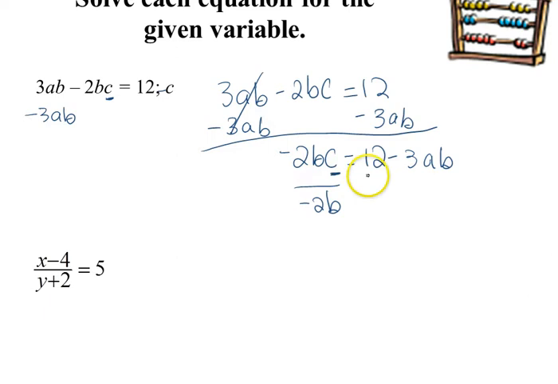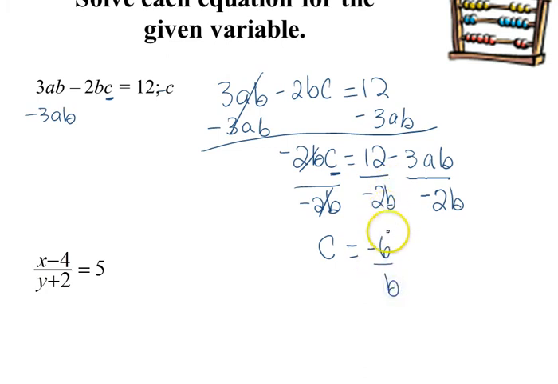So we do the exact same thing over here, but I'm going to rewrite it below each one, just so I can remember to simplify. So C will be left by itself. And then this can be simplified. 12 divided by negative 2 is negative 6 over B.